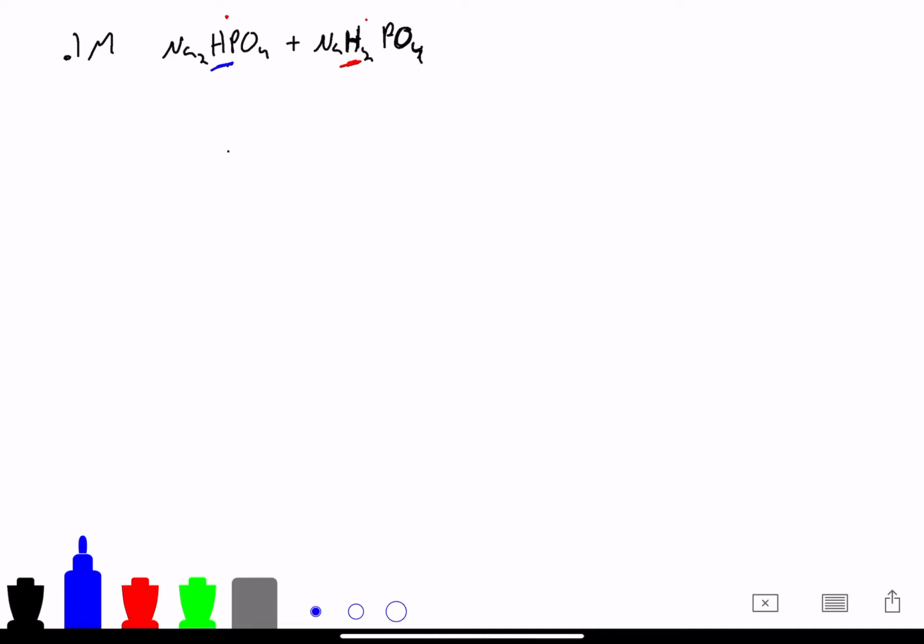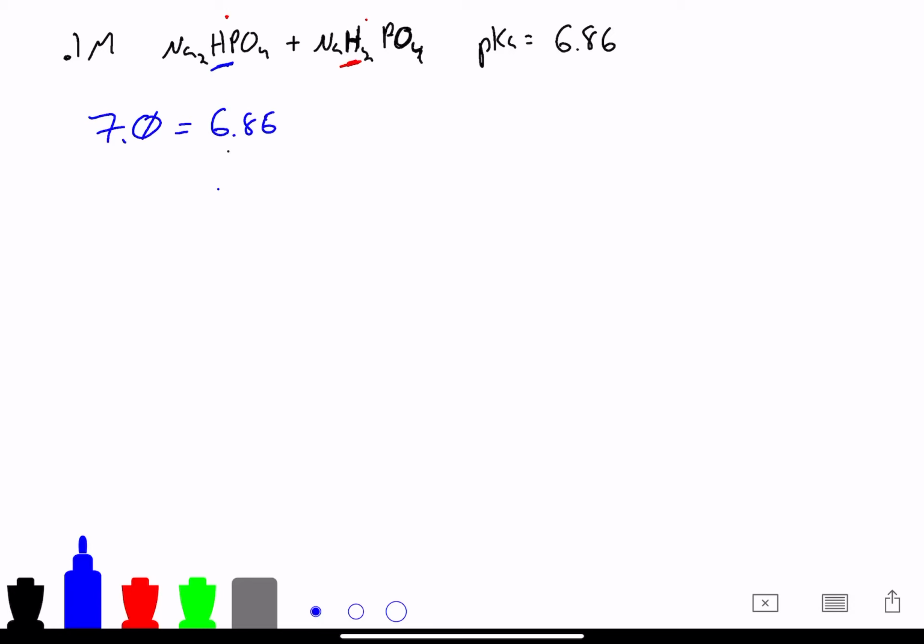So we want to make a 0.1 molar solution, but we want to make it so it has a pH of 7. And the pKa for this acid is equal to 6.86. So how do we figure this out? Well, we know we want the pH to be 7. We know the pKa is 6.86.